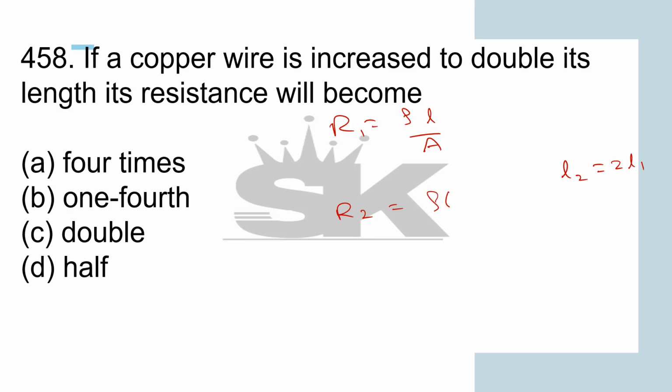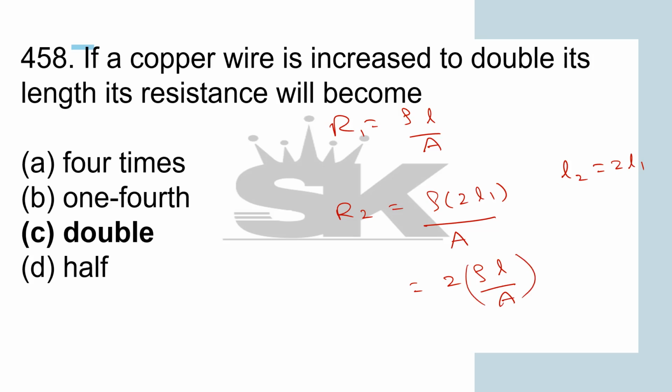So rho into 2 into L1 by A, so 2 times rho L by A. So here the answer is option C, doubles.